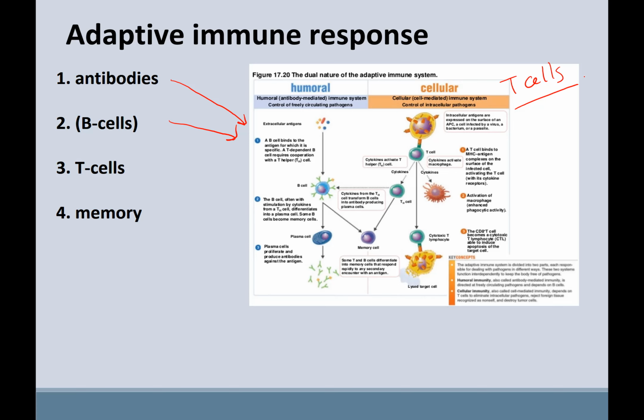So remember that adaptive means specific, and adaptive means memory. Okay. So your body has been working and working and trying to get out this pathogen, whatever's infecting you, and finally, and sometimes this takes a day or two to kick in, your adaptive immune response comes and says, all right, I'm going to clear this thing out.